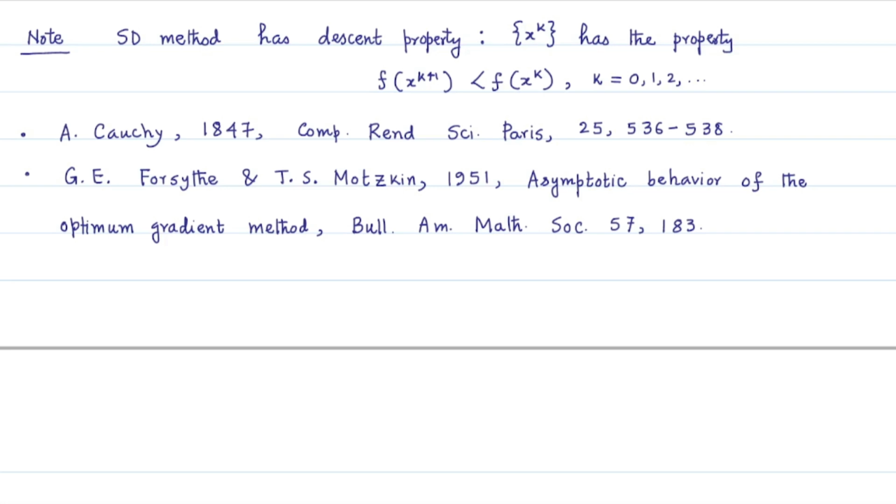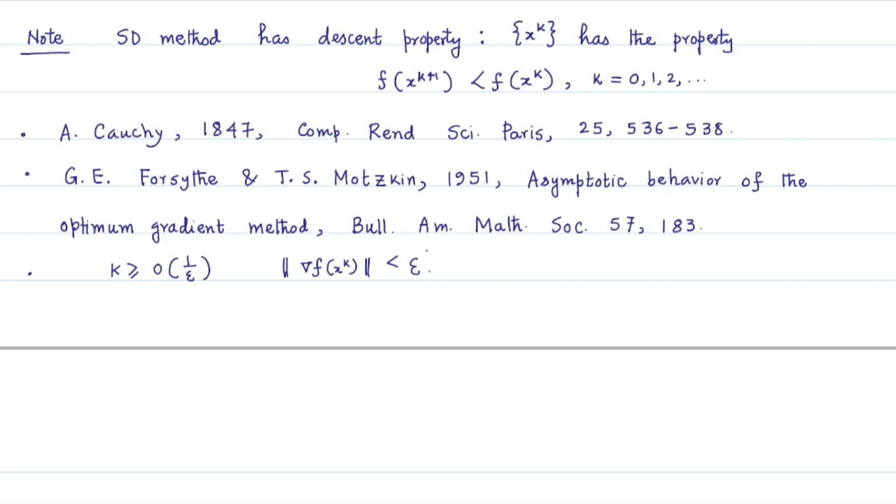The simplicity of the steepest descent method is not the only reason that the Cauchy method is most popular among theoreticians as well as practitioners. There is also another reason, the complexity bound: to reach an epsilon precise solution for the equation gradient of f equal to 0, there is a ready-made bound that after a certain number of iterations you will reach a point at which the gradient of the function has norm less than epsilon.